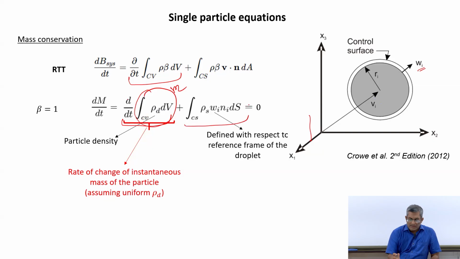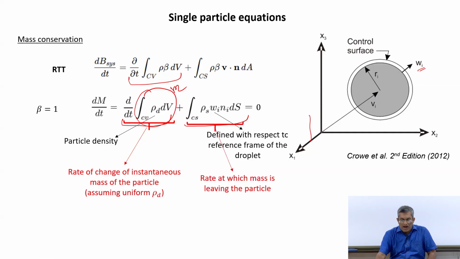Now, what is this part? This is the rate at which mass is leaving the particle. So, if we assume evaporation, you have some mass and the flux is perpendicular to the surface. Okay. And this n denotes the normal vector. Now this has to be equal to 0, again from conservation of mass.